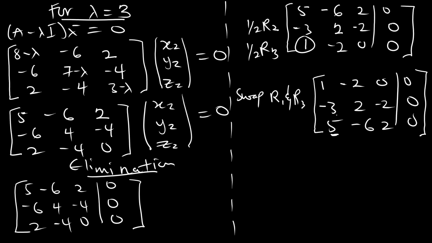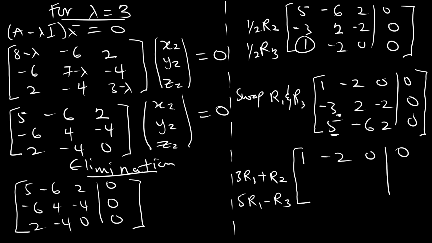Now to make this 5, 0 and this negative 3, 0, I would like to perform an operation which says I'll multiply 3 times rule 1 and plus rule 2, and also 5 times rule 1 minus rule 3. So rule 1 is intact, 1, minus 2, 0 into 0.